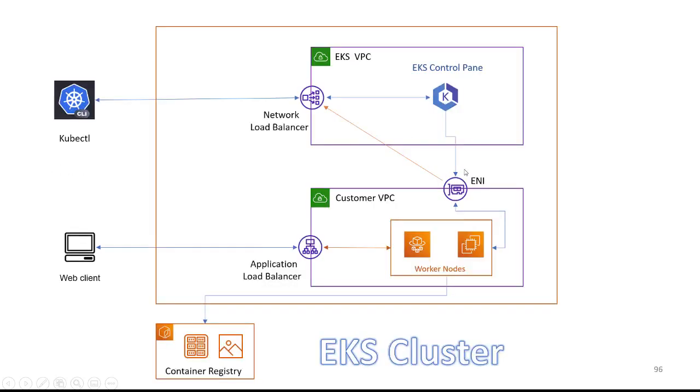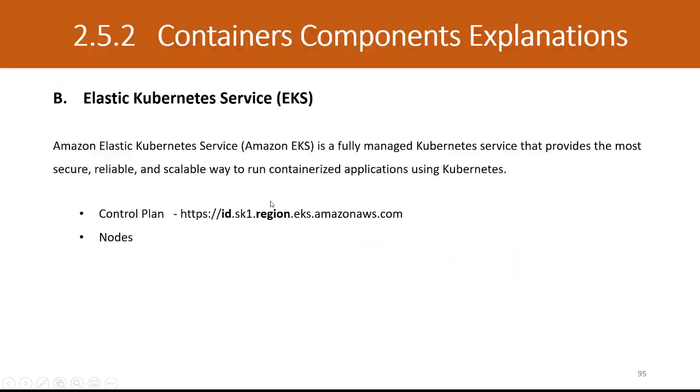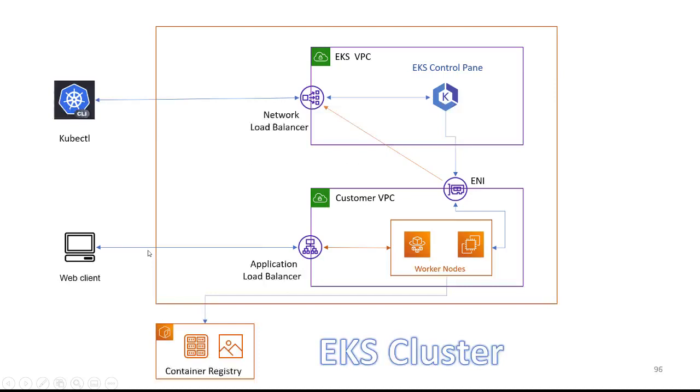In the traditional way, we have a master node as well as worker nodes. Same in EKS in AWS, we have a control plane where we have the master node, as well as worker nodes. You can see it here in this diagram.